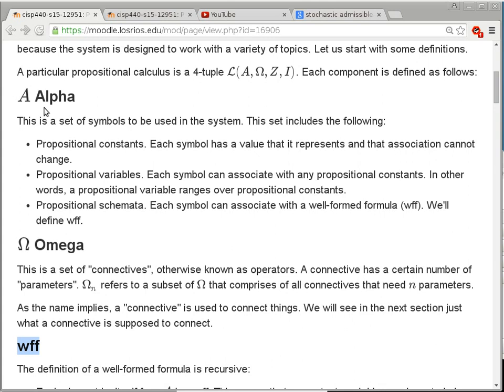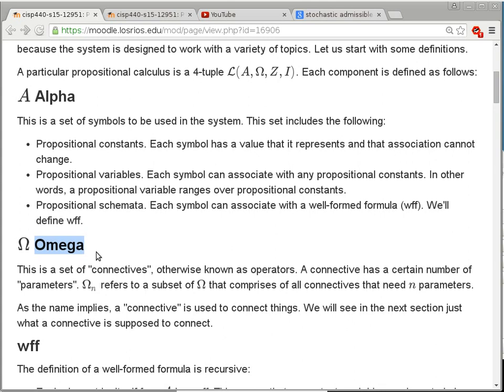We'll use these 2 for true and false, this bunch for variables, and these for schemata. When you look at omega, it is also a set of a fixed number of elements: conjunction, disjunction, implication, is equivalent to, and negation. So typically 5 elements in omega is enough for us to deal with the logic system.